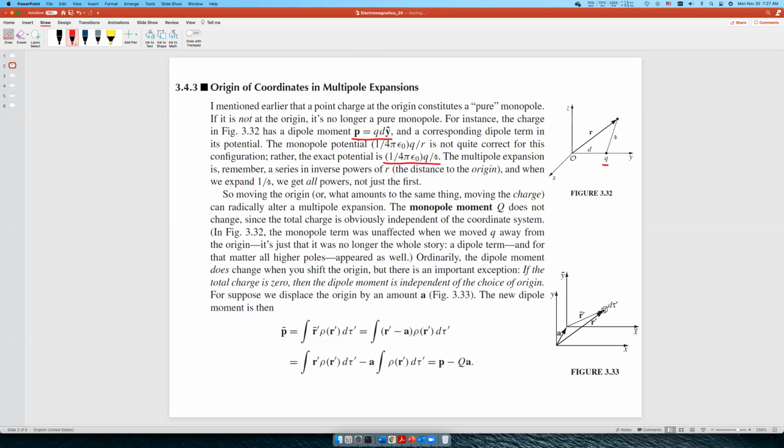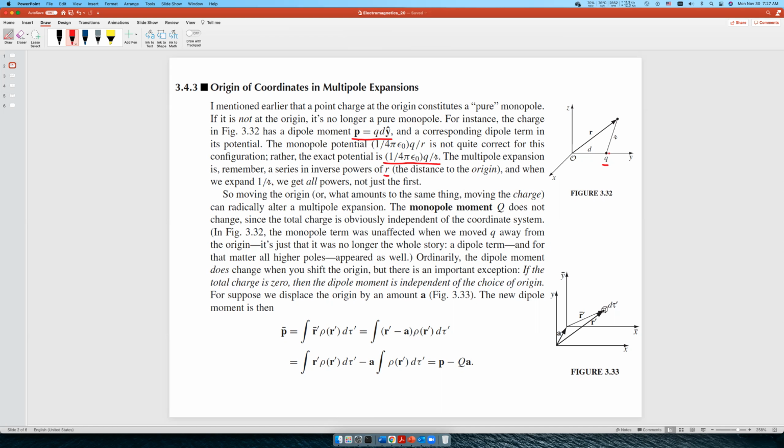And the multipole expansion is a series in inverse powers of r. And when we expand 1 over R, then we get all powers, not just the first power.